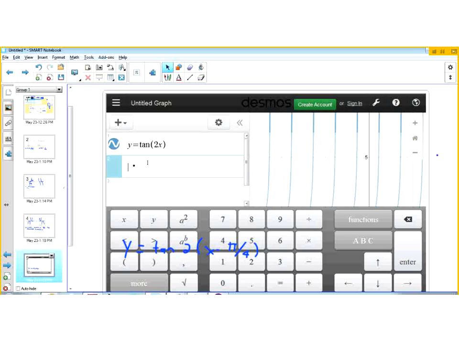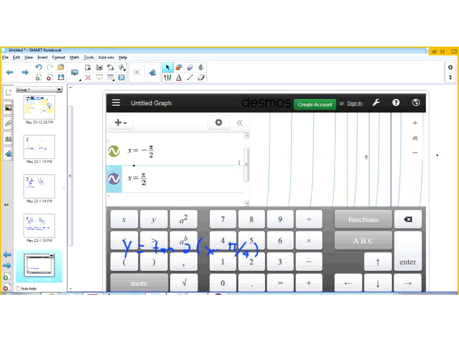We note that our vertical asymptotes were x equals negative pi over 2 and then x equals pi over 2. I have to do one equation per line.